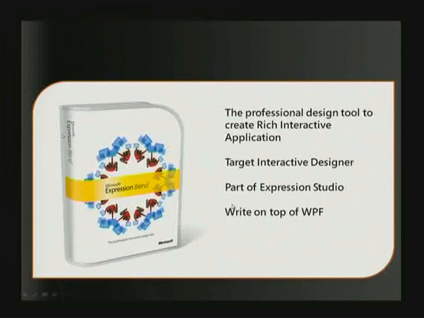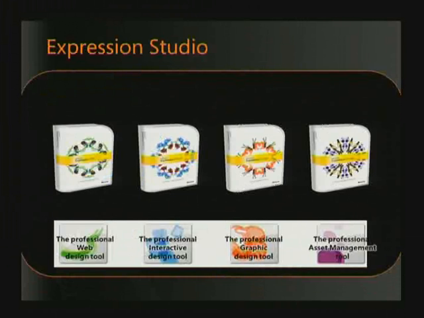Expression Studio is about 4 projects. You have Expression Blend, Expression Design, Expression Media, and Expression Web. Expression Web is about a website. You do not have XAML in the project, but Expression Blend will manipulate XAML applications, and Expression Design will let you produce visuals for XAML.